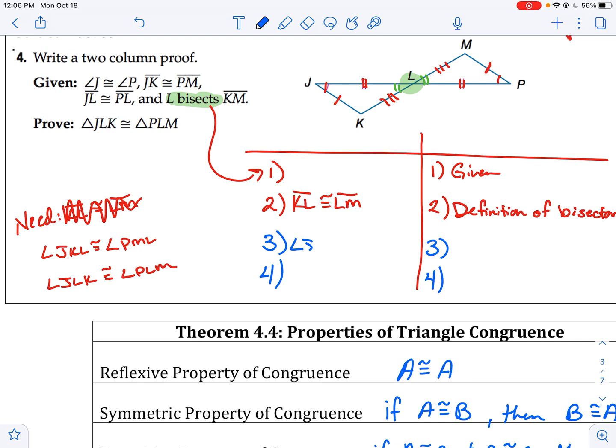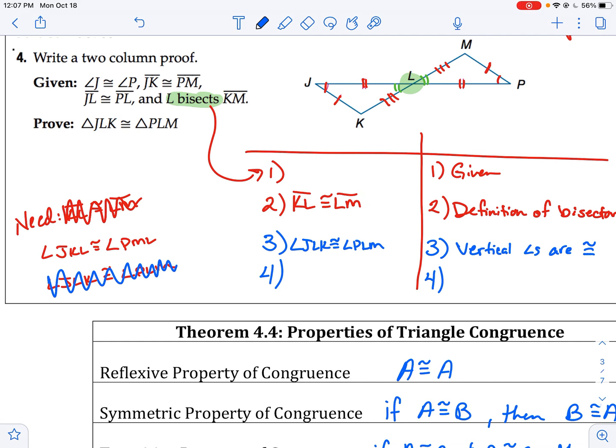So I can say JLK is congruent to PLM because they're vertical angles. And vertical angles are congruent. So I've got that done.